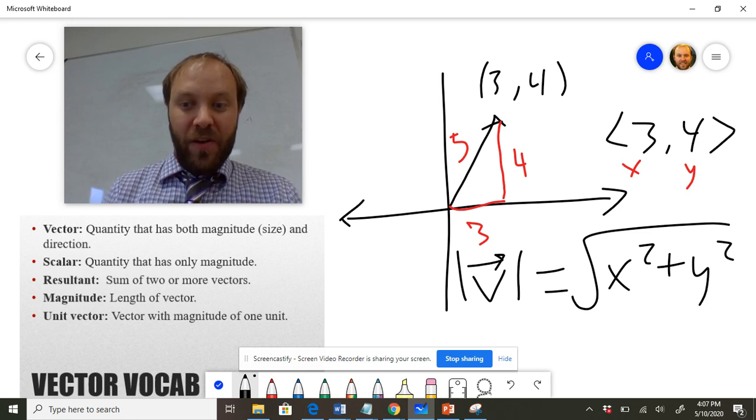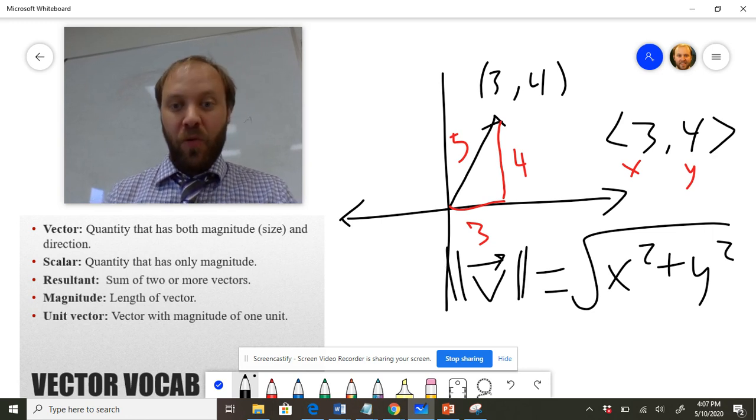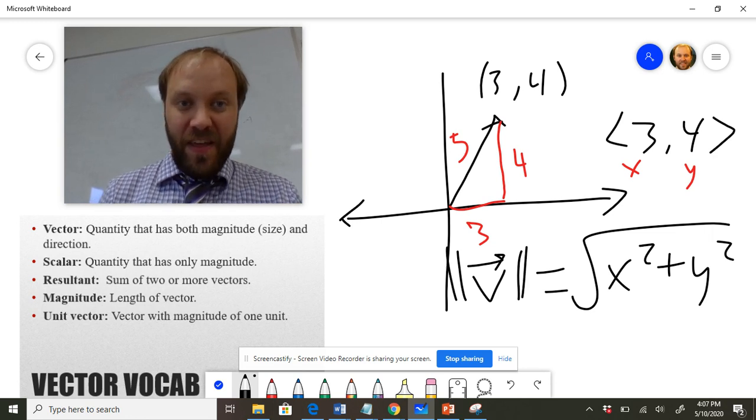We're on a coordinate plane now, but it's still basically the same idea. It's the distance from the origin. Some books will use absolute value symbols. Some books will do kind of a double marking like that. They're the same thing, just slightly different notations in different books. But that's the basic idea of writing a vector in standard position and finding the magnitude.